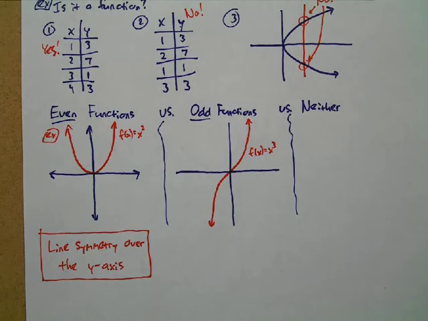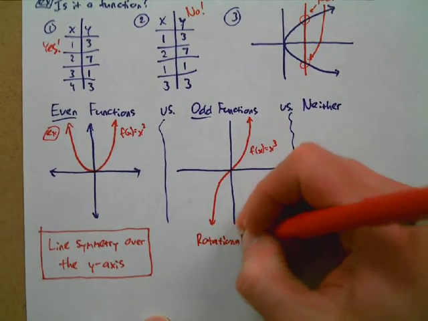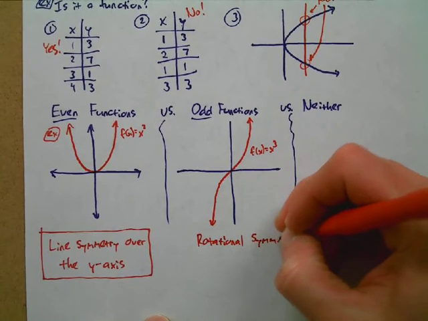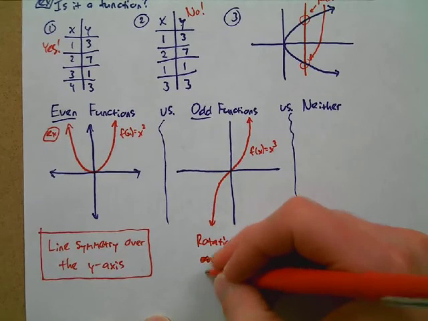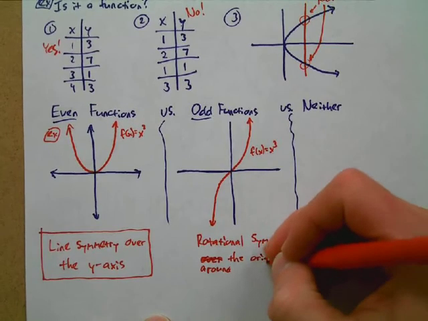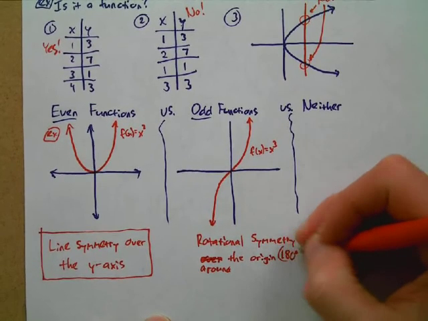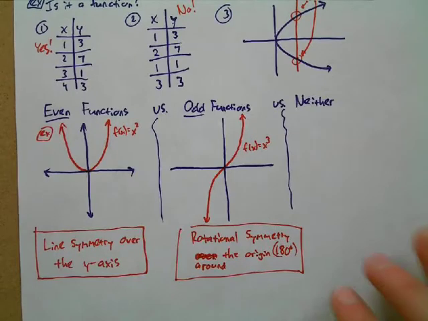What kind of symmetry do we have for this one? What's that? Rotational. Rotational, that's right. What kind of angle measure would we have to rotate? 180 degrees. Exactly right, Eli. So we have rotational symmetry around the origin, 180 degrees.